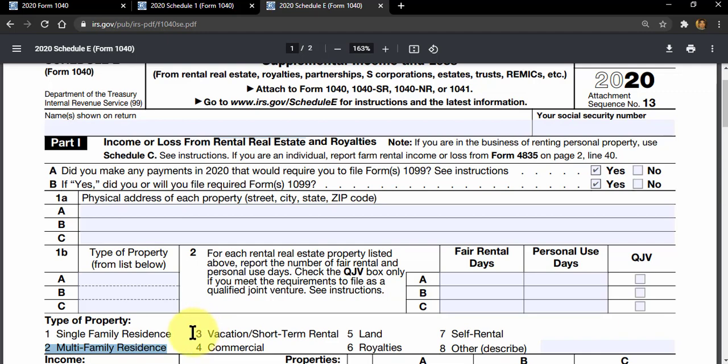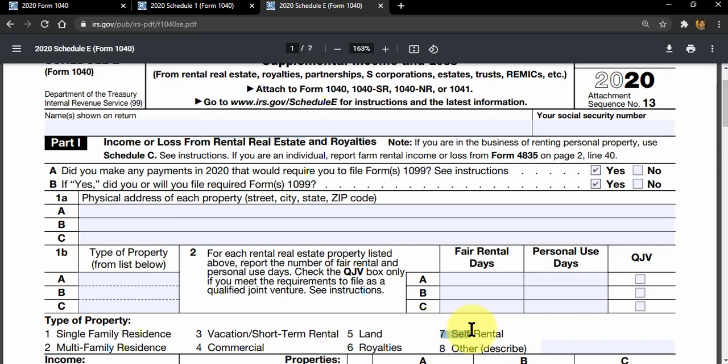And number 3 would be a short-term rental, which we'll talk about more so probably in the second video for this chapter. If it's not residential, the property is probably rented to a business or commercial property here, like an office building. Or if it's raw land you're renting out, maybe for grazing to a farmer or rancher, that'll be 5. So here's that royalty type, 6.